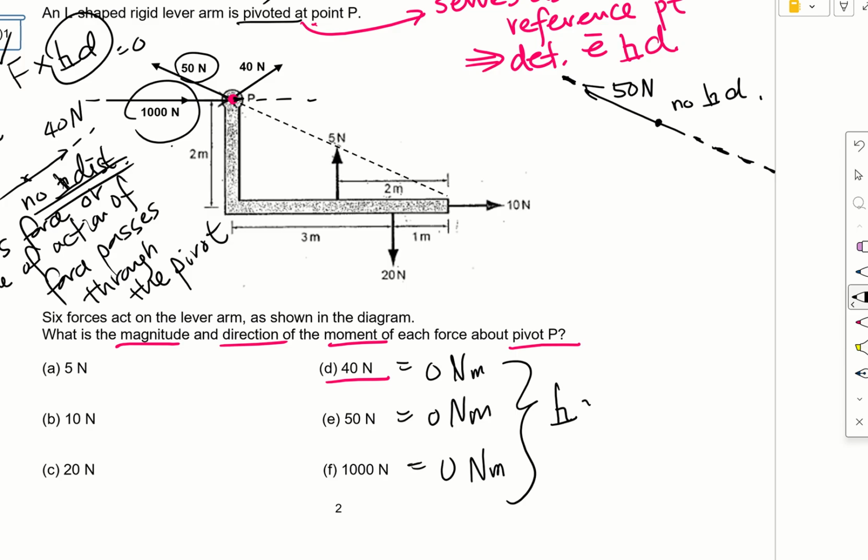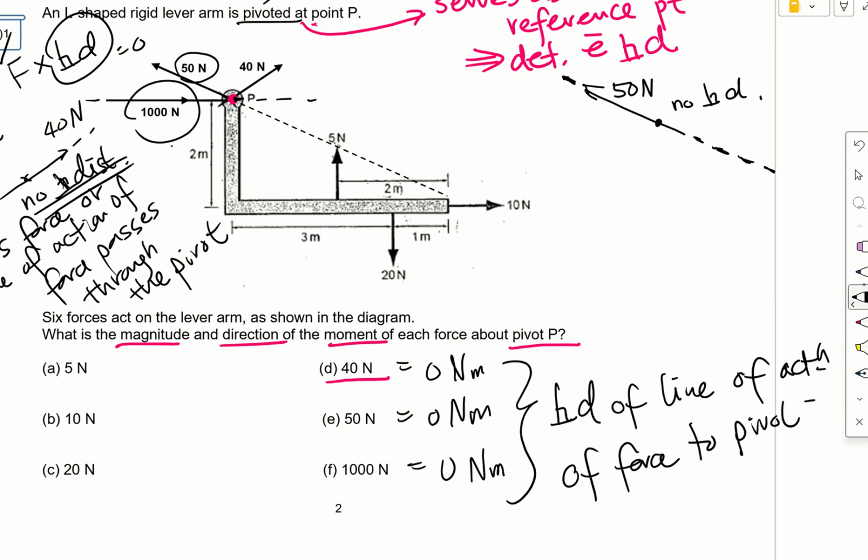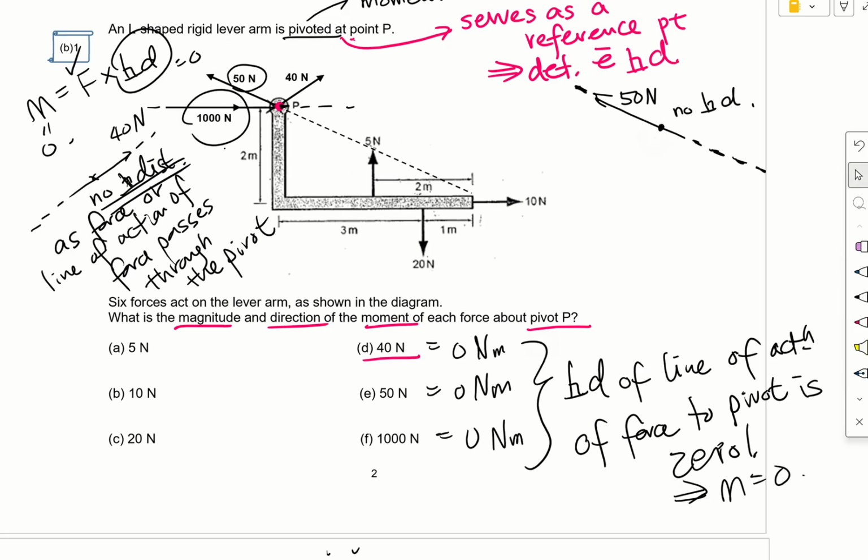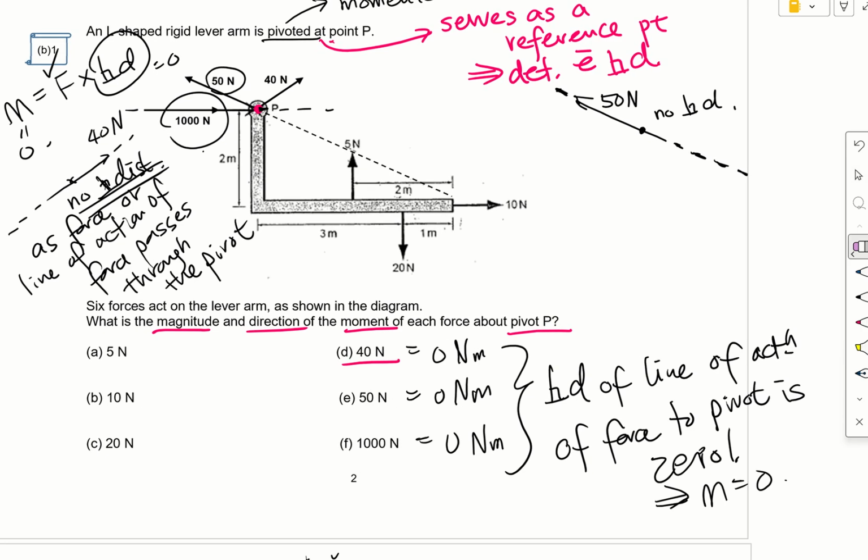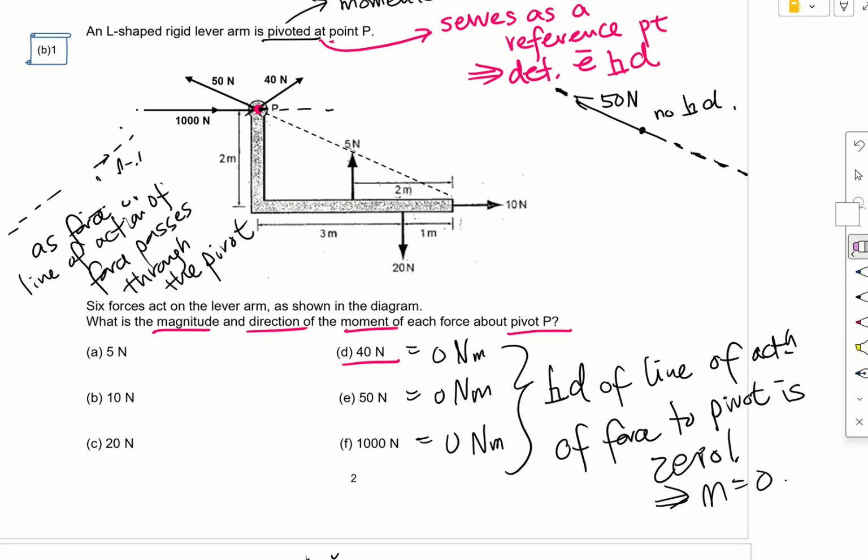So I will say perpendicular distance of line of action of force to pivot is 0, and therefore moment equals 0. Okay, let me clear this up. If you understand the 50, 40 and the 1000 Newton, we can go on to do the 5 Newton.